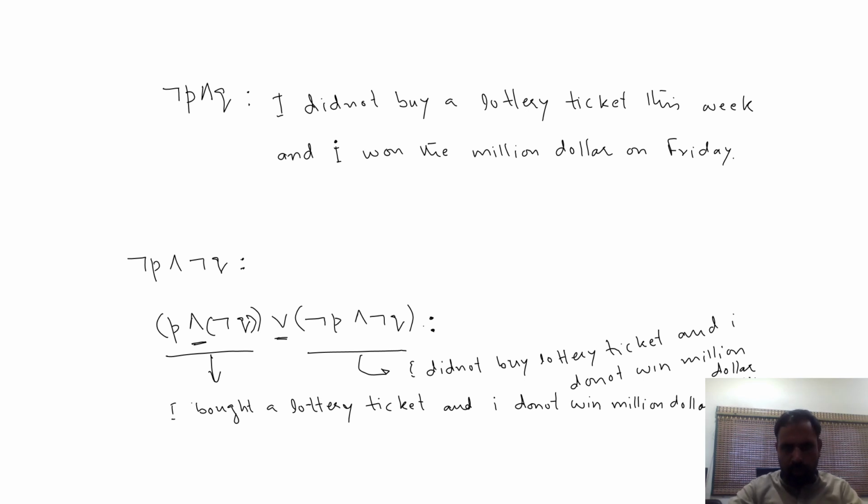P and Q means I bought a lottery ticket and I won the $1 million on Friday. Negation P and negation Q implies I did not buy a lottery ticket and I did not win $1 million. P and negation Q means I bought a lottery ticket and I did not win $1 million.